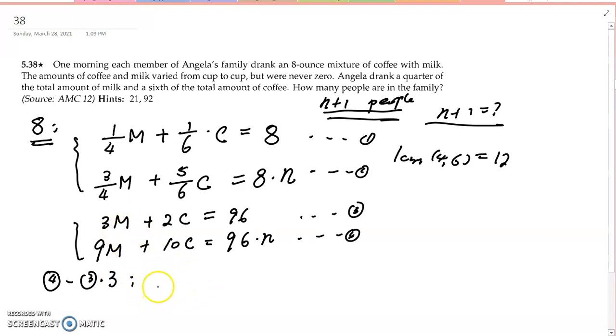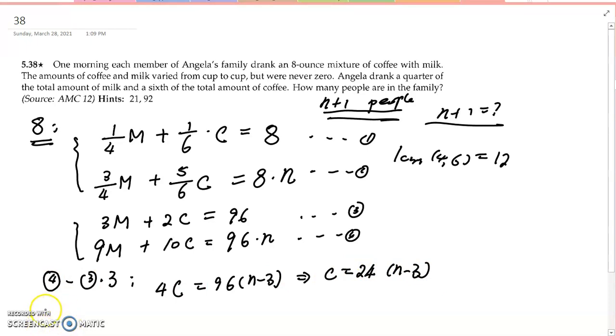Then we have 4c is equal to 96 times n minus 3. So we have c equals 24 times n minus 3.